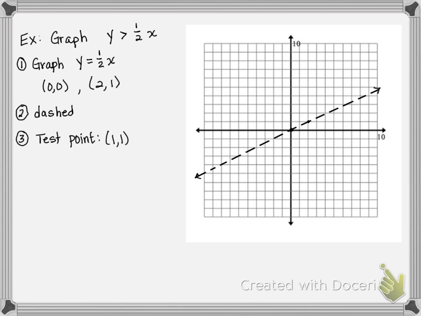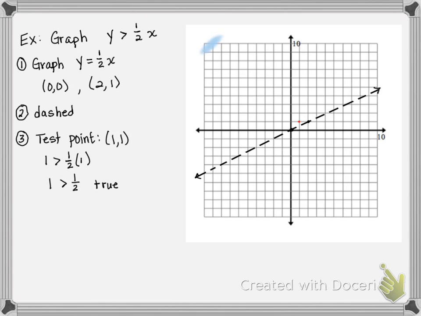But, so we have 1 is greater than 1/2 times 1, which gives me 1 is greater than 1/2. And that is a true statement. So I'm going to find my point, which is right here, and I'm going to shade everything in the region that includes that point.